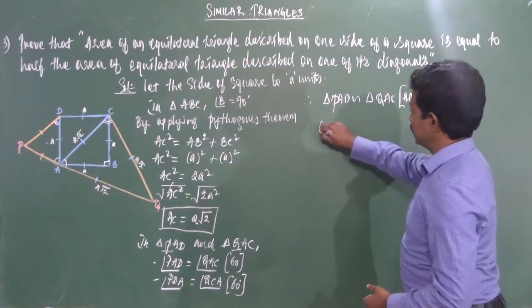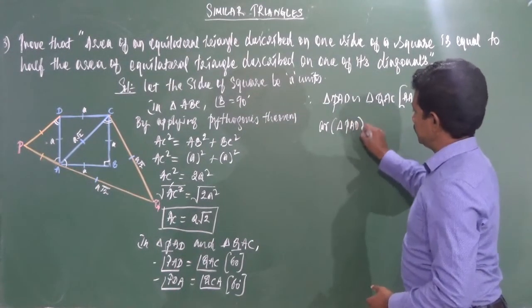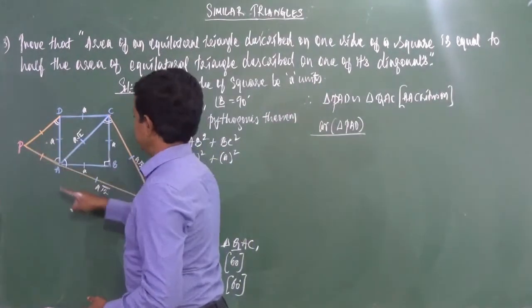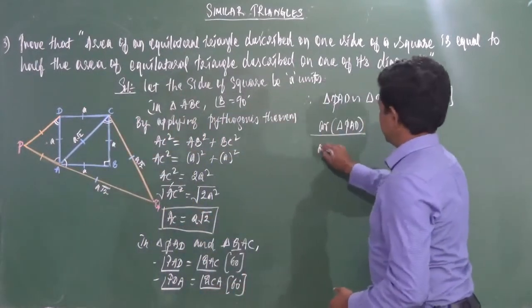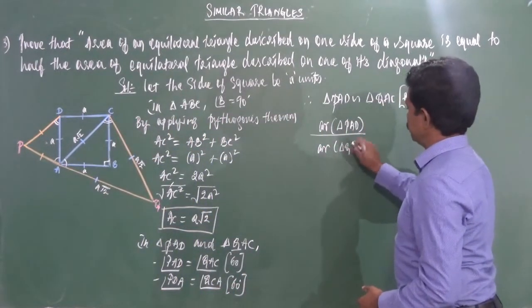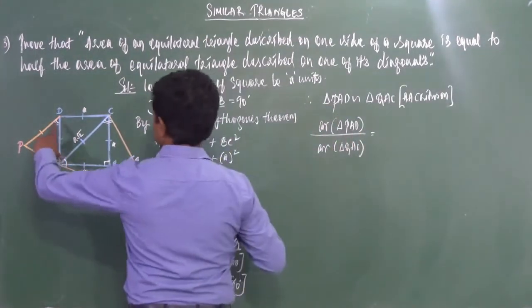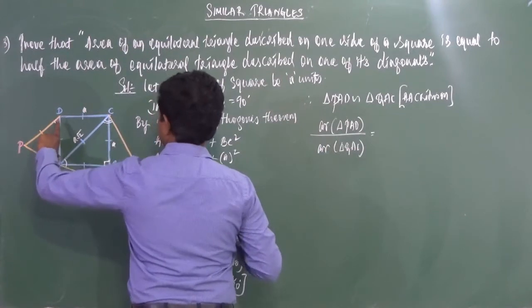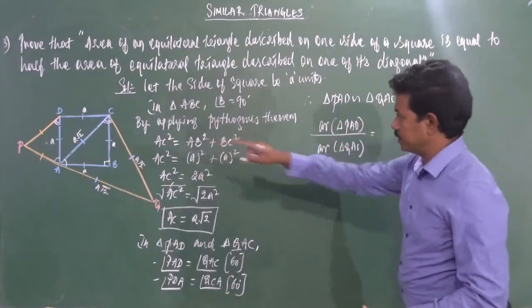So therefore, area of triangle PAD by area of triangle QAC is equal to, for area of triangle PAD we will take AD as one of the sides, and for AD, AC is the corresponding side for triangle QAC.